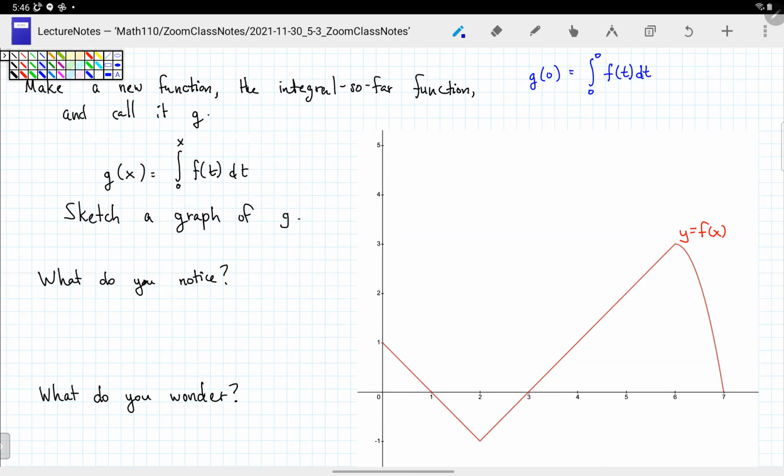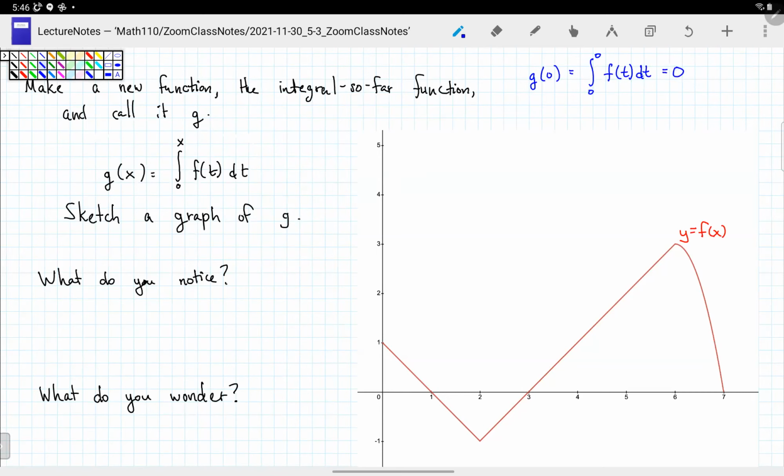And so if you have an integral where you're integrating over an interval of 0 length, where the beginning and the ending point of the interval are the same, that integral has to be 0.